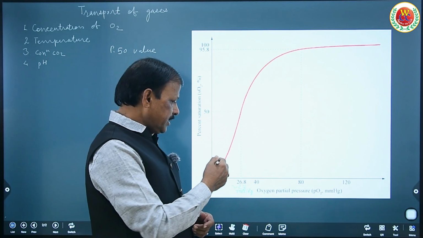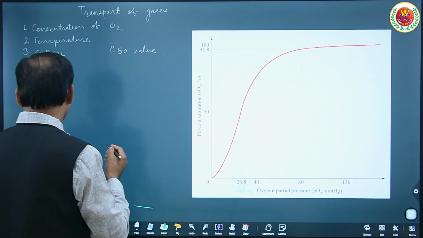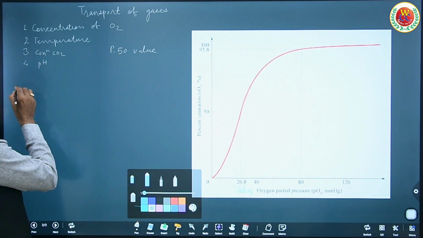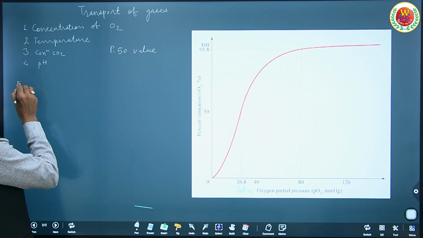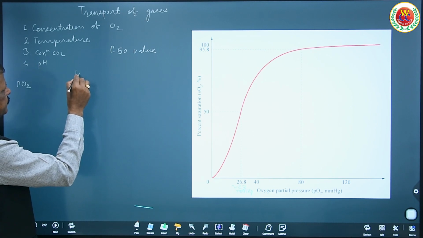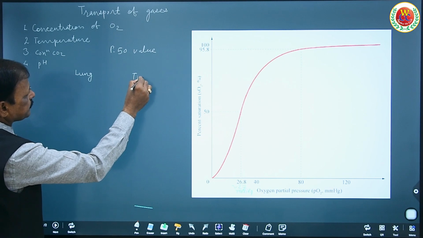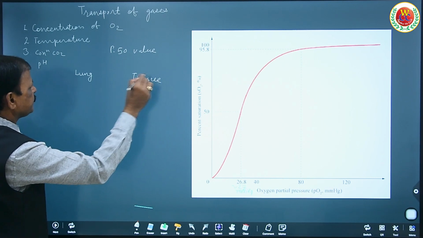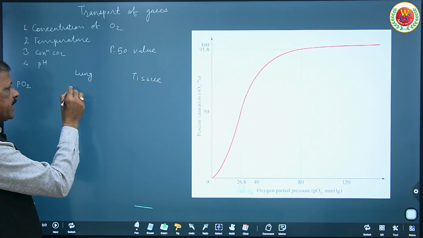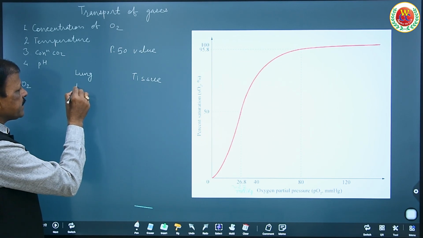Now, what are the conditions at the site of lungs where oxygen gets associated? Partial pressure of oxygen, PO2, at the site of lungs is always high.